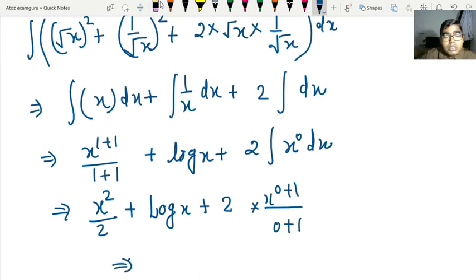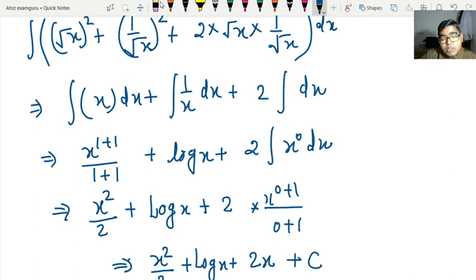Friends, you will write it as x square by 2, plus this one. Yes. So friends, I hope that this should be clear to you. Plus constant of integration c.